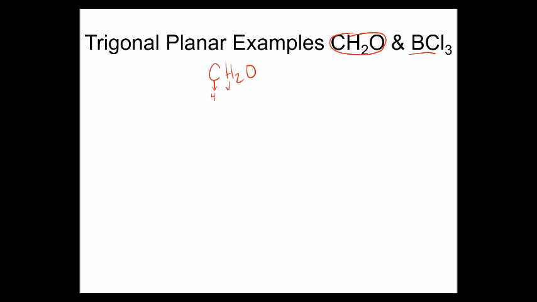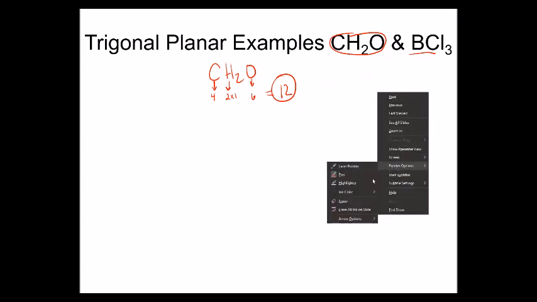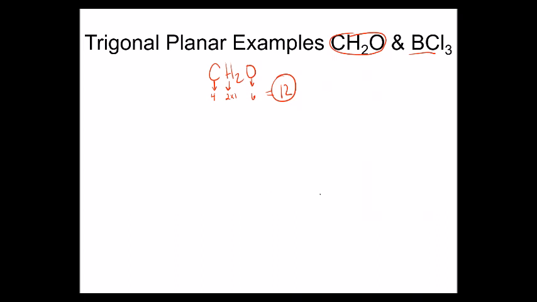There's 4 for carbon, 2 times the 1 here, because hydrogens have 1, there's 2 of them, and then we have 6 here. So that's a total of 12 electrons. Very good. Now what goes in the middle? Carbon, good. Hydrogen can't go in the middle, but carbon is less electronegative than oxygen.